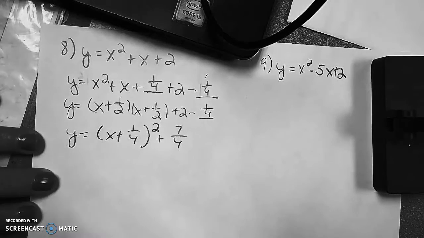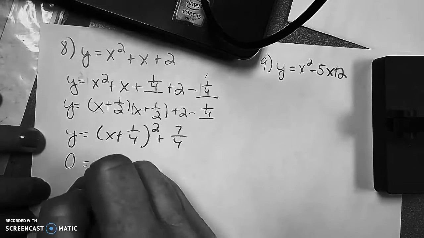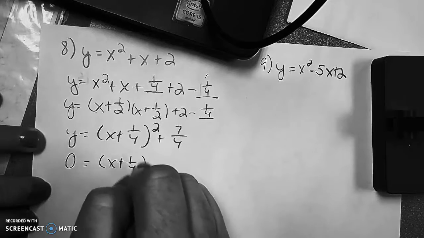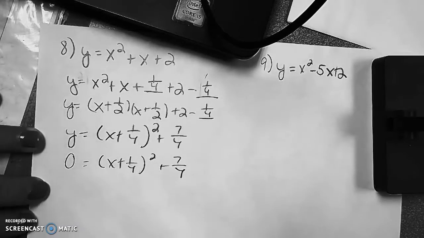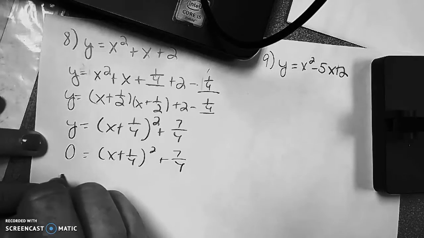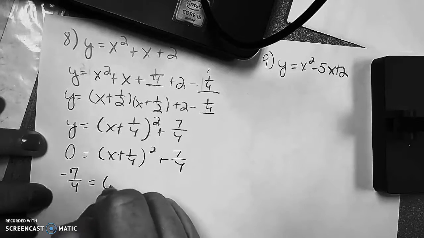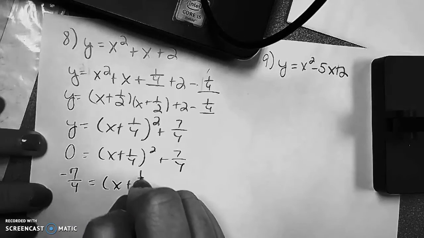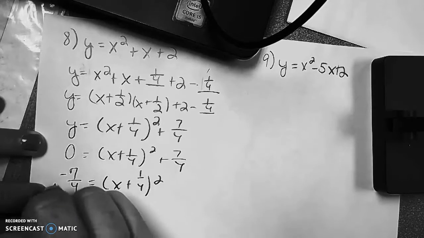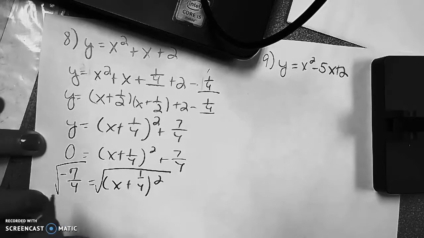So that's part one. Part two said to find the x-intercepts, so I'm going to set this equal to 0. I need to work on getting x by itself, so subtracting 7/4. Take the square root. The square root of 4 is 2, so I can bring that out.